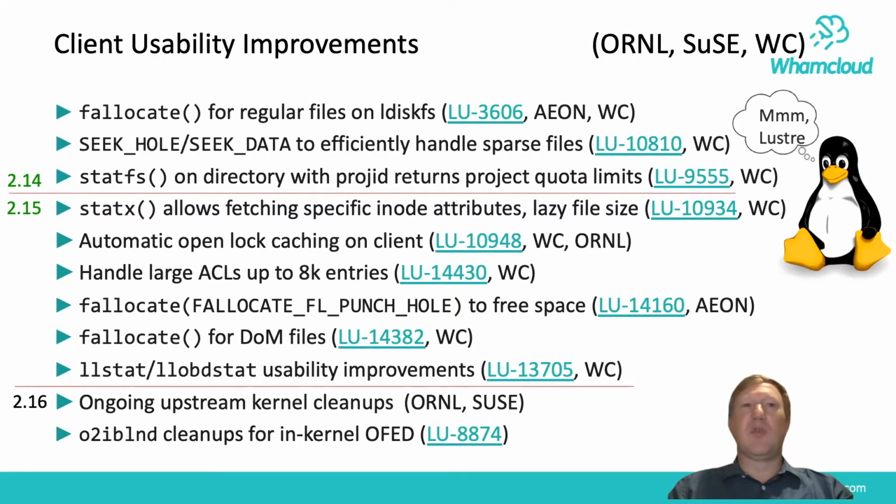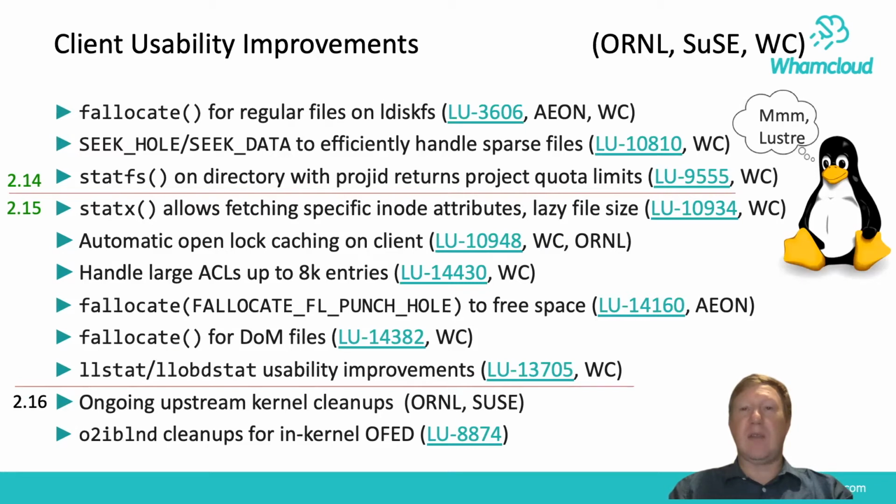Other usability improvements have been going in. These are a number of small various things in terms of APIs. fallocate started off in 2.14. SEEK_DATA, statfs for project directories is quite useful. Statx is a new API to reduce the overhead of getting attributes.